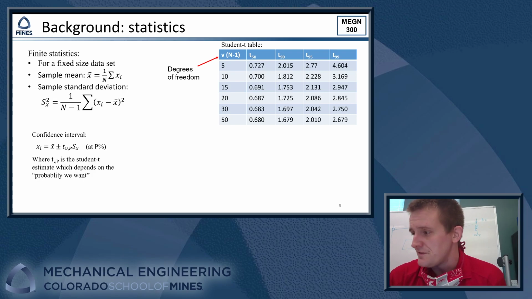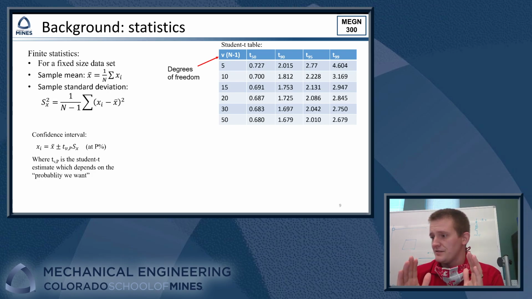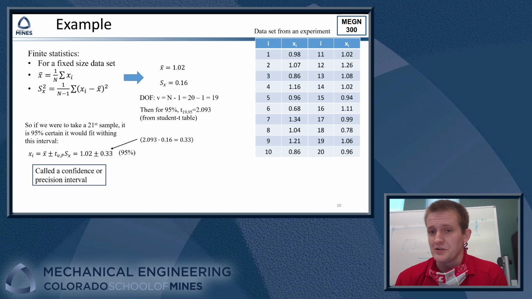The T50 means that we're 50% likely to find the next data point within the range that we set based off of that t-value, whereas the T95 value will give you the confidence interval where you're 95% likely to find the next data point in there. So you just pick the correct value depending on whatever level of confidence you want. T95 is probably the most common for most applications.